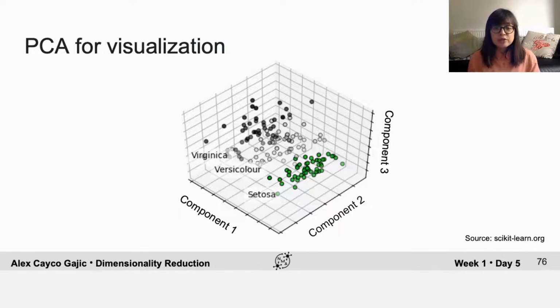You can see that if you just plot the first three principal components, you see some clustering of the data, and you can see that the first principal component shows differences between virginica, versicolor, and setosa. This is not something you necessarily expect with PCA because it's not baked into the algorithm, but sometimes you just get lucky and see some kind of clustering when you just look at the first few principal components.